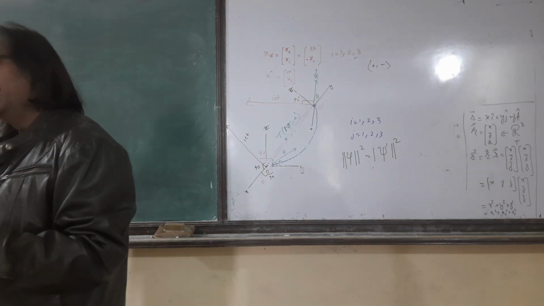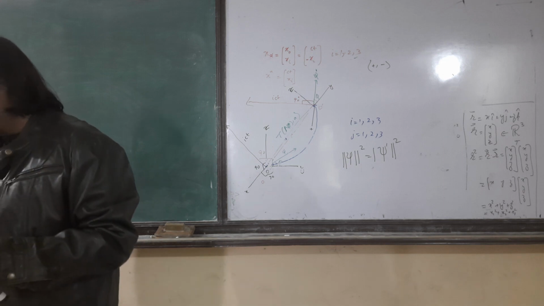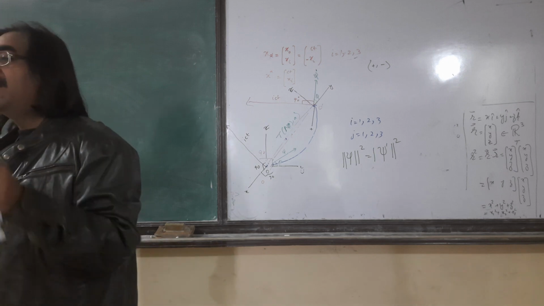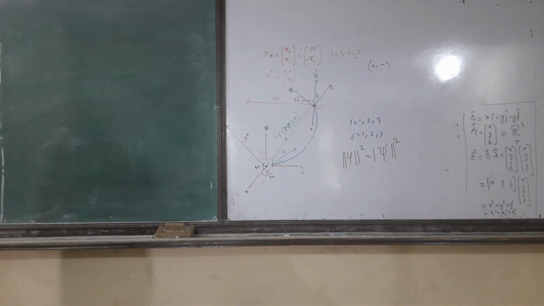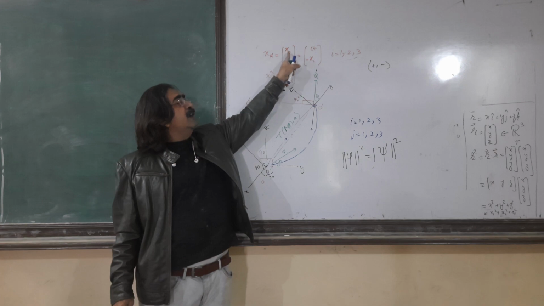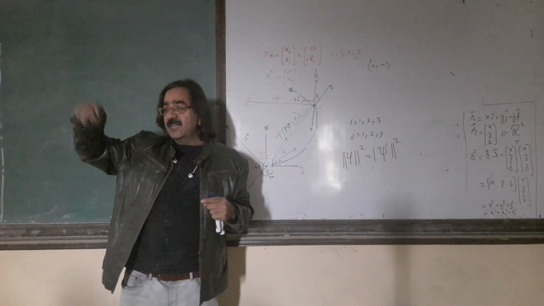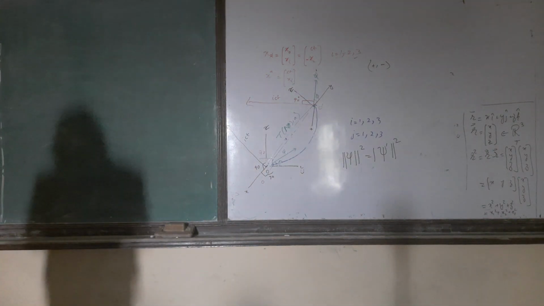The whole vector is a combination of x0 square plus x1 square plus x2 square plus x3 square. That will be conserved. But x1, x2, x3 are not the length of the vector; they are the 3-dimensional components of the 4-dimensional vector. The components change in such a way that the length remains preserved in 4 dimensions.